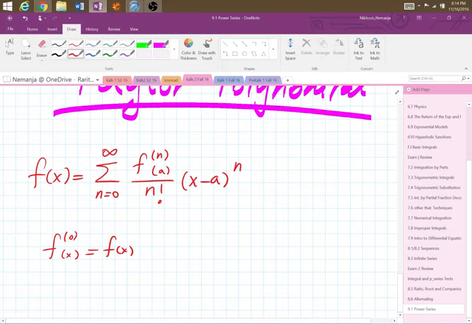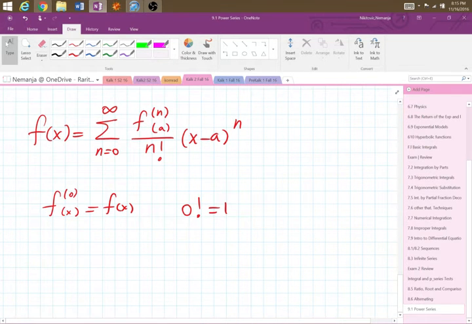There's no derivative on it, so it's just a basic function. And also 0 factorial is 1. You don't believe me? Look it up. I really don't have time for it, but that could be the next class, if I have time. So these are the two things good to know.